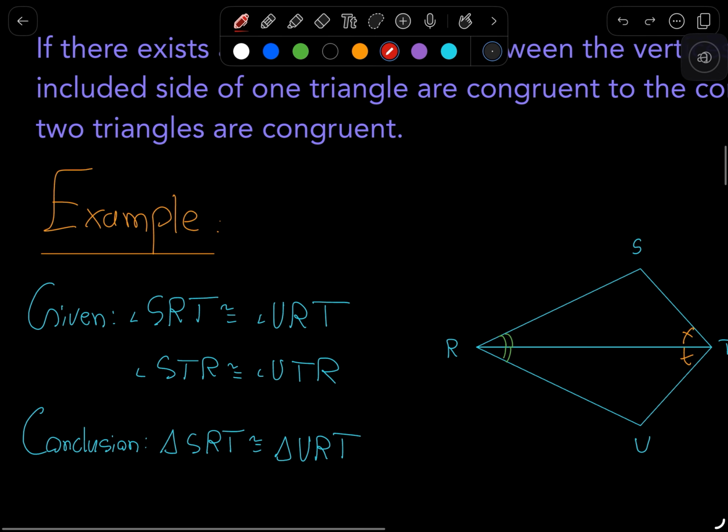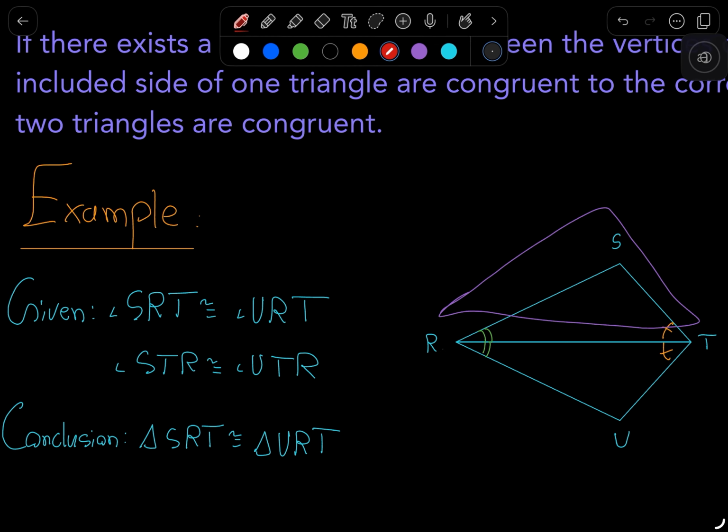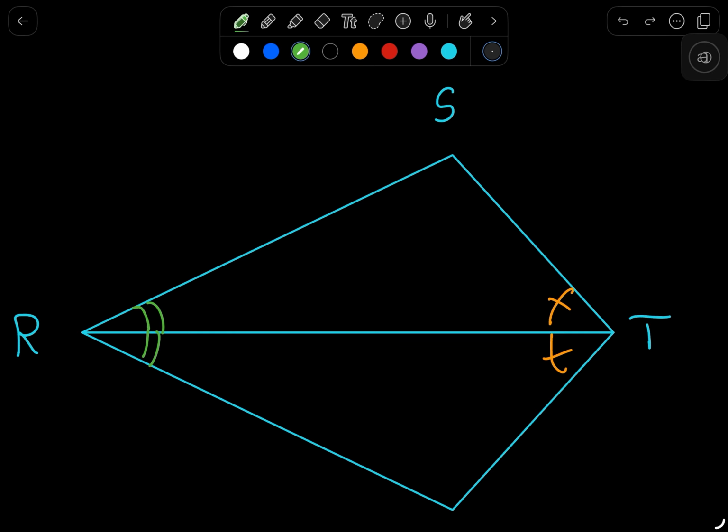So let's look at this example. I've labeled the congruent angles. You're trying to conclude that triangle SRT is congruent to URT. Make sure it's corresponding. So how do you do that? Well, think about this. You have one pair of angles that are congruent.